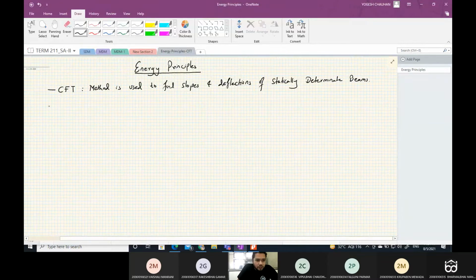Second thing, we'll see CST, that is Castigliono's second theorem, and this method is used to find redundants. What are redundants?